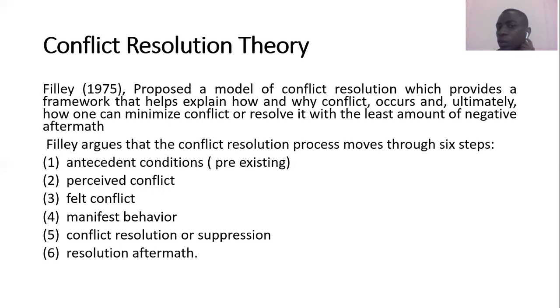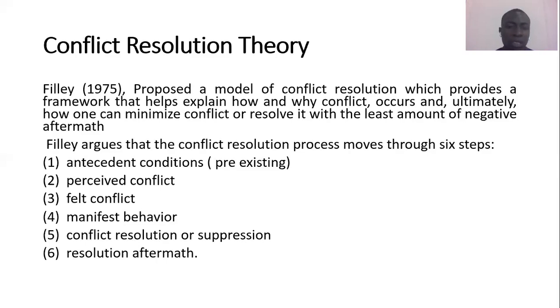He proposed a model of conflict resolution which provides a framework that helps explain how and why conflict occurs, and ultimately how one can minimize conflict or resolve it with the least amount of negative aftermath. So he looks at how one can resolve conflict following those steps.